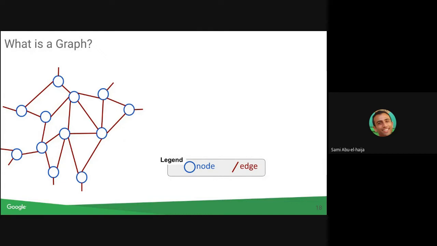Before we dig into the details of graph neural networks, we're going to briefly explain what a graph is. I'm sure most of you here have heard of what a graph is, but just in case, this is a good refresher. A graph consists of nodes and edges. Nodes are usually drawn as circles, and edges as straight lines that connect the nodes.